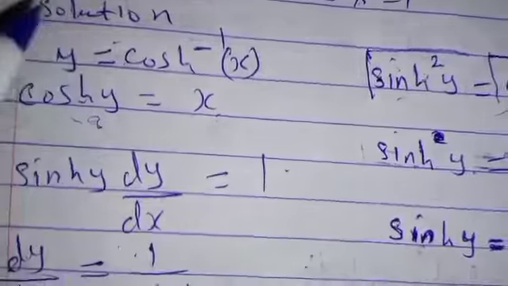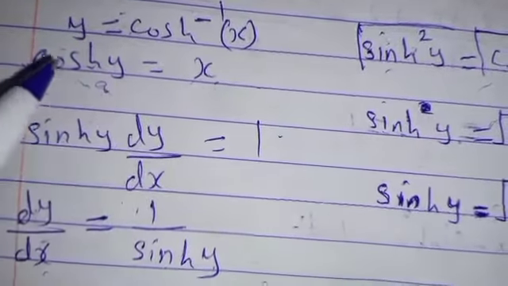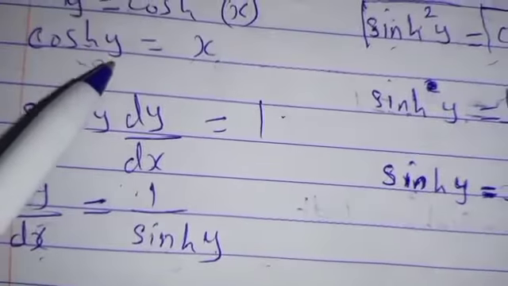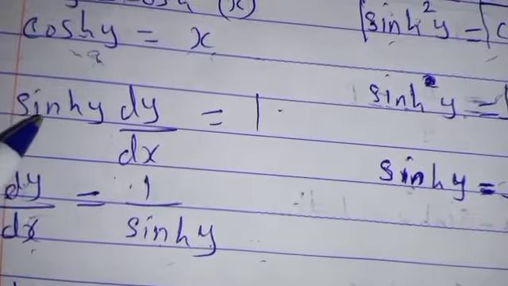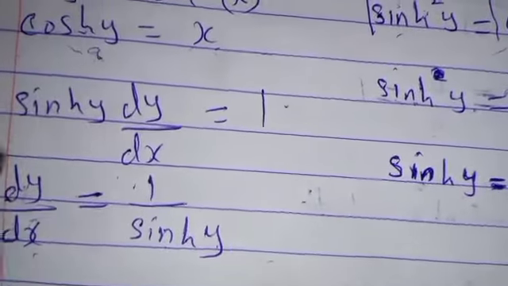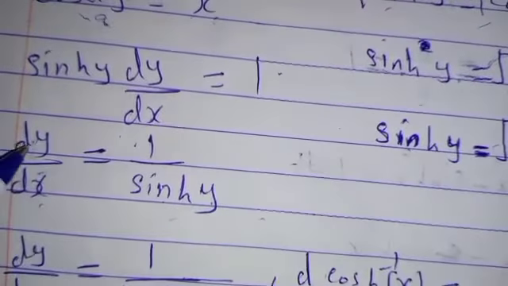Then you multiply both sides by hyperbolic cosine to get cosh y, and the other side reduces to x. Then you differentiate this equation implicitly to get hyperbolic sine of y, dy/dx, over 1. Then you divide both sides by hyperbolic sine of y to be left with dy/dx.